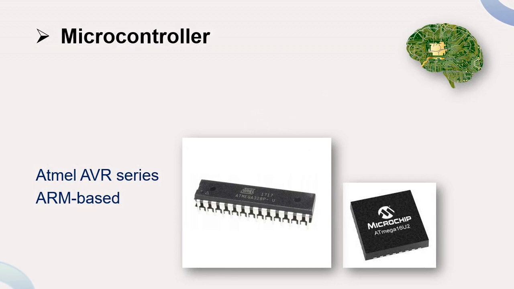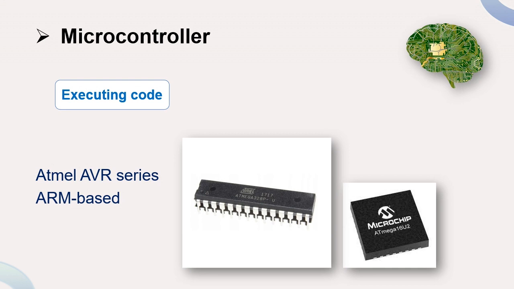A microcontroller is a small programmable device that acts as the brain of the Arduino system, and it's responsible for executing the code and controlling the behavior of the Arduino system. It can read inputs from various sensors, control outputs such as lights or motors, and communicate with other devices.